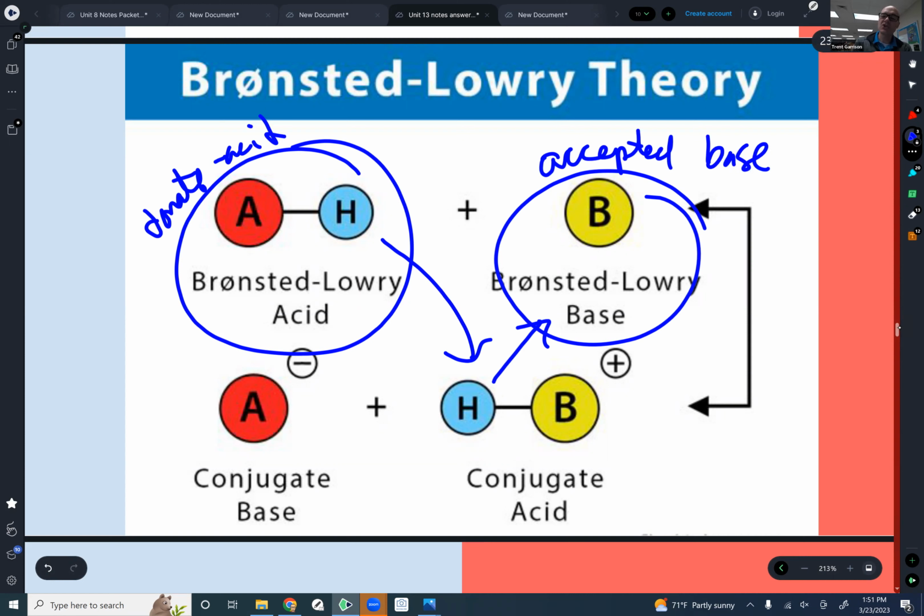So the definition of the acid did not change. The definition of the base did change. The base is now focused on where did the hydrogen go. If you donate a hydrogen, the other one needs to accept it. So that's where we now have our focus. Acids always donate hydrogens. The bases are going to accept them.